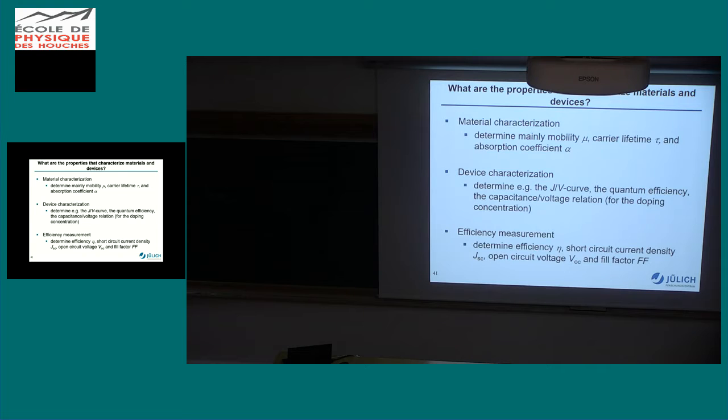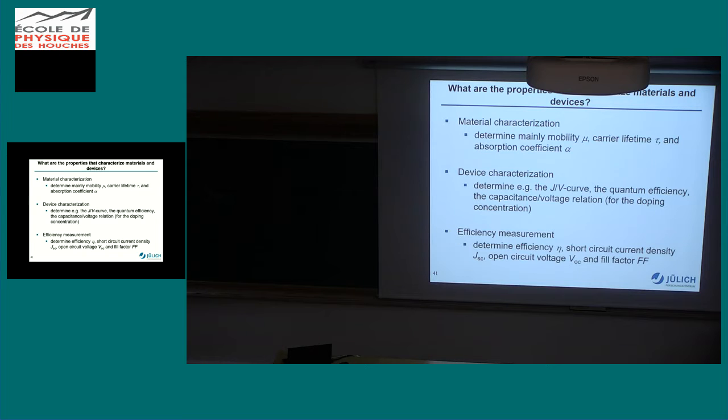Then it gives you a hint where you can improve, or you give up your device or improve it in a certain direction if you get a clue what this is. But that's extremely complicated. And that's why there are a lot of other device characterization methods that give you some detail that help you in the end to understand the JV current voltage characteristics.